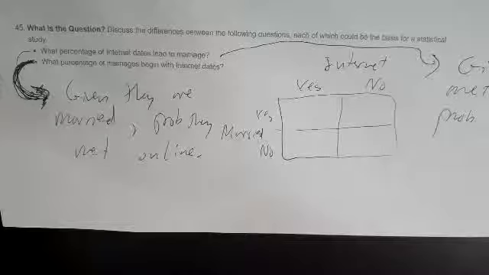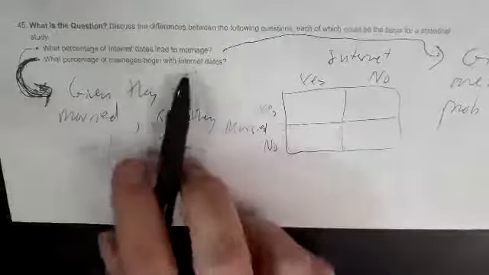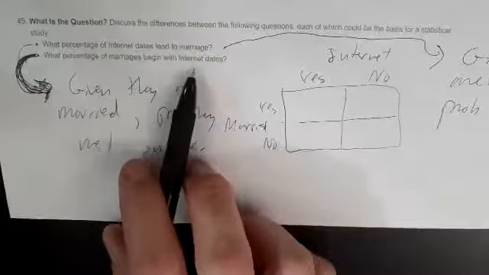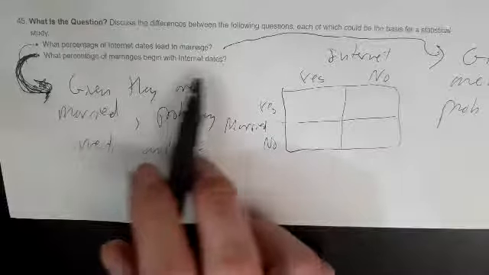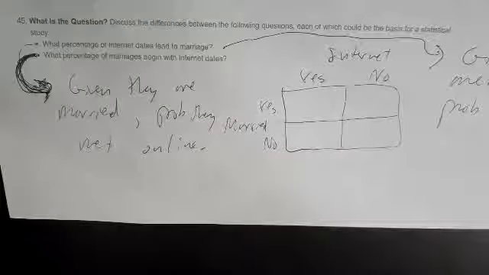The sample is the internet dates. I would look at this as probably control versus variable, or maybe even one of the strata that they're dividing it into, right?